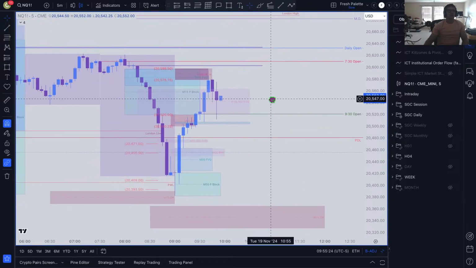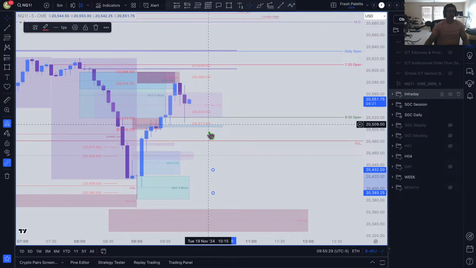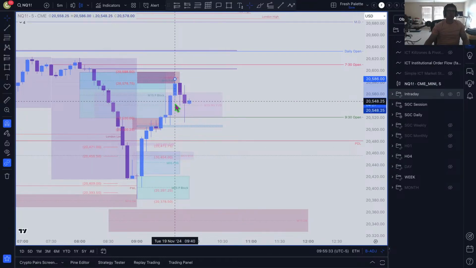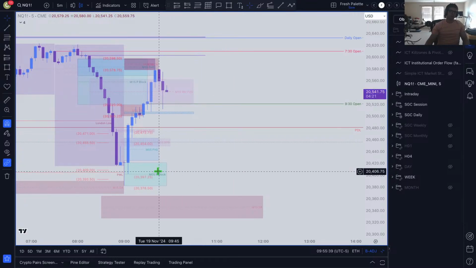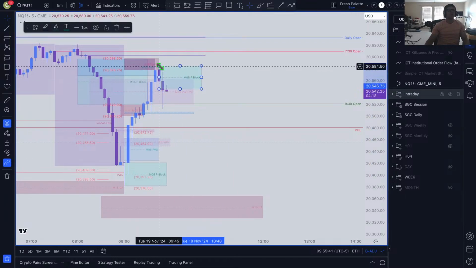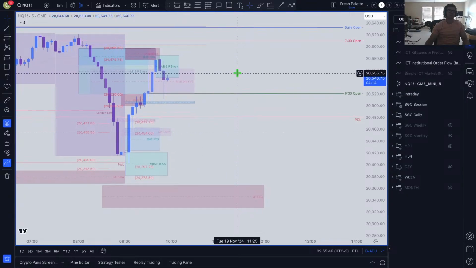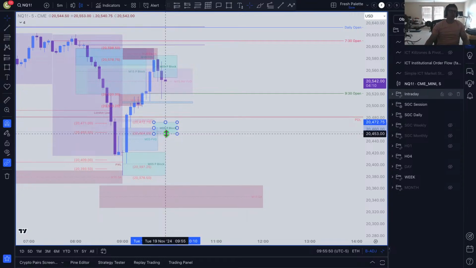Now we did get that closure down on the 5 minute. Here we go. This would be a 5 minute projection, but we have not closed through any opposing liquidity yet to make the impulse on the 5 minute. So you've got a P block, but your impulse is currently to the upside. You have a P block with distribution areas.